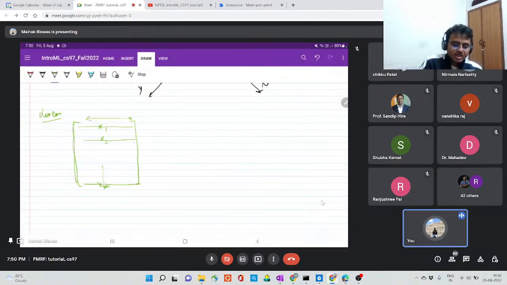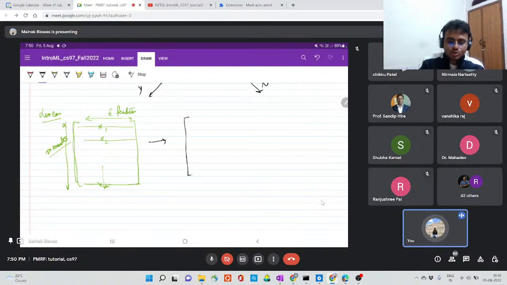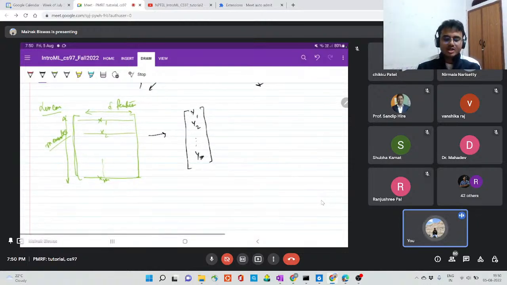So you have d features and you have m examples. Everything is written in the question, so you can refer to that. What we will try to do is predict y1, y2, up to yn. This is the work that we want to do.